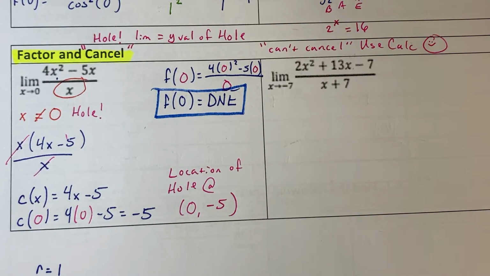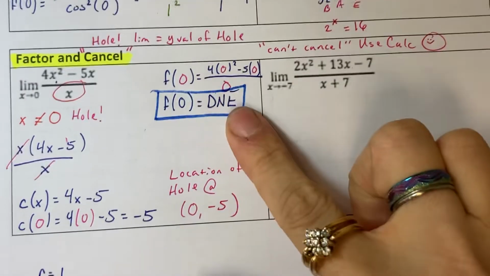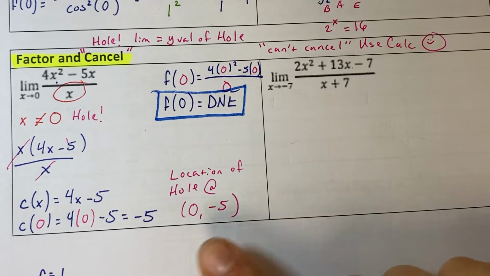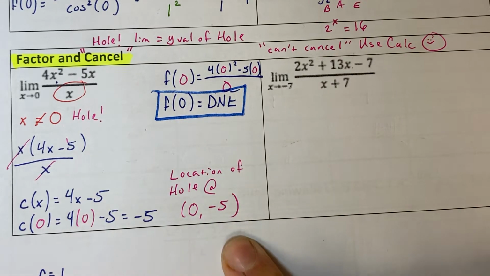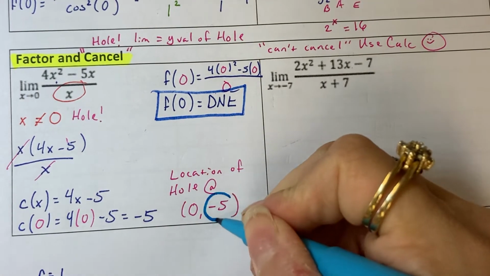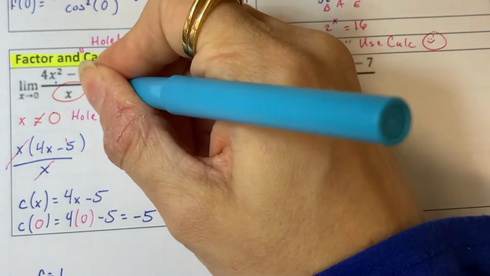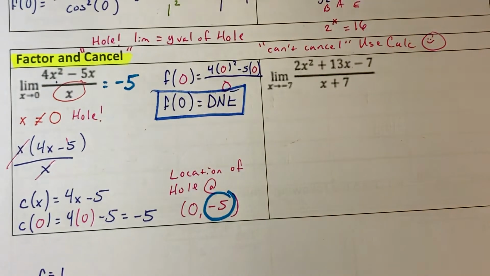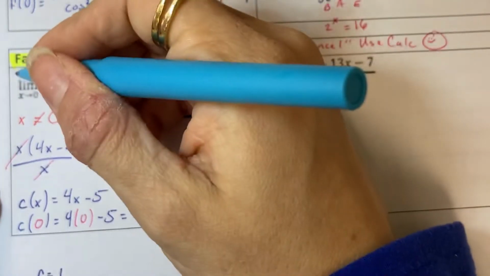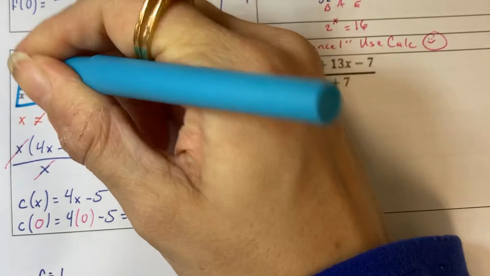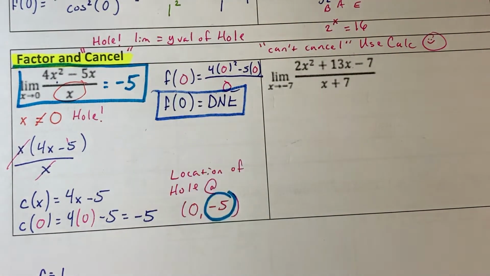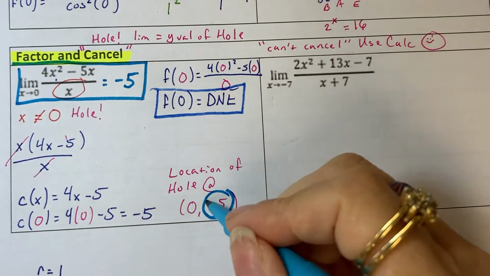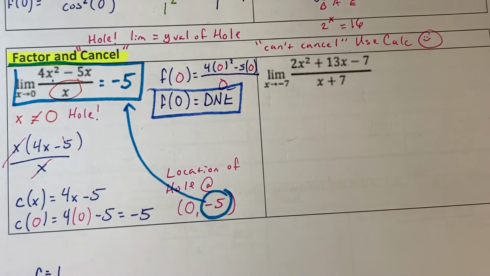So I am not defined there, does not exist, restricted x value, but the location of that hole is at 0, negative 5. So that means even though I don't actually reach this negative 5 value, that's going to be what my function is approaching. So f of 0 does not exist, but the limit is equal to the y value of the hole.